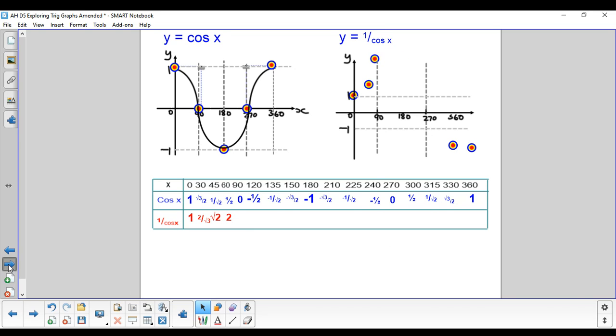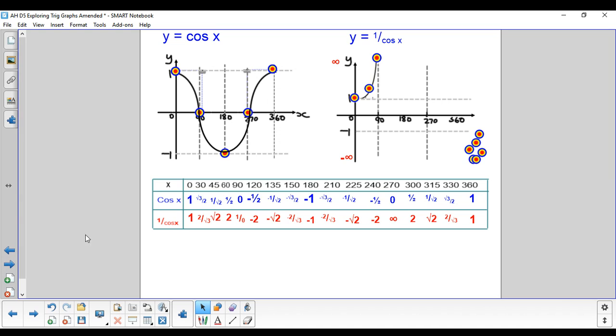As you go along, let's go for 180. At 180 you're at minus 1 again, so you're here. And then let's go to 90. At 90 you're way up at infinity, but see if you go to 91 in your calculator, you know that beyond 90 it's negative, it goes way down here. And then you have this kind of impact going on.